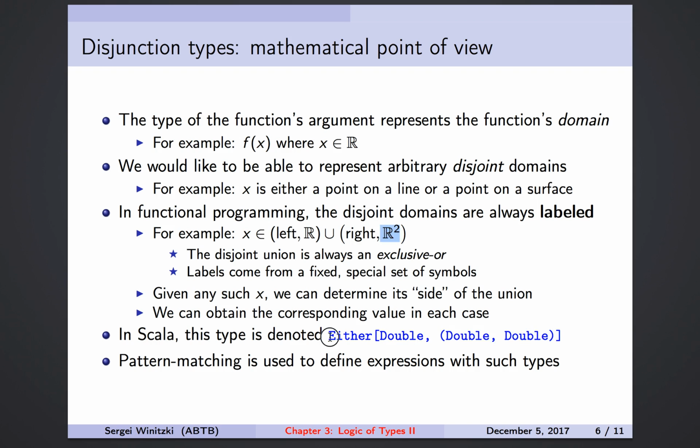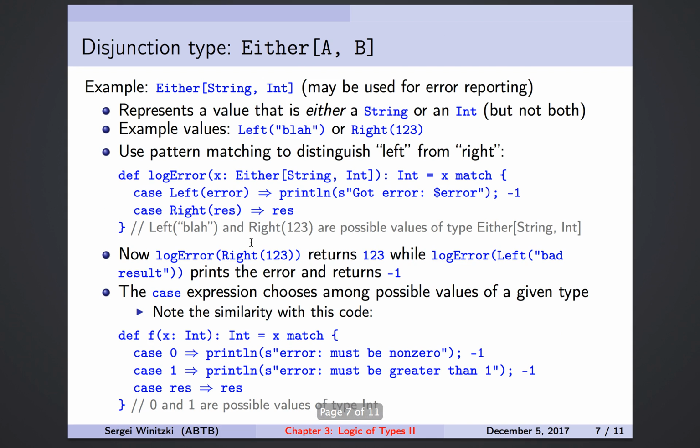So this was a very close analogy with a mathematical disjunction between the two domains. And as I just said, domains in mathematics correspond to types of variables in programming, in functions. So types of variables is exactly the same as a set from which the variable comes. Like x comes from the set of real numbers. And here Double is a type that approximately represents real numbers. And pattern matching is used to define expressions with such types. So let's look at examples with Either.